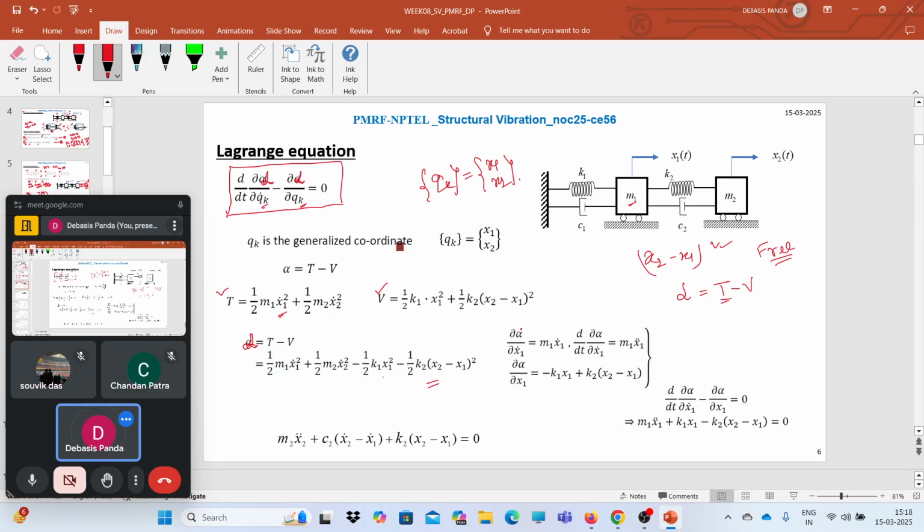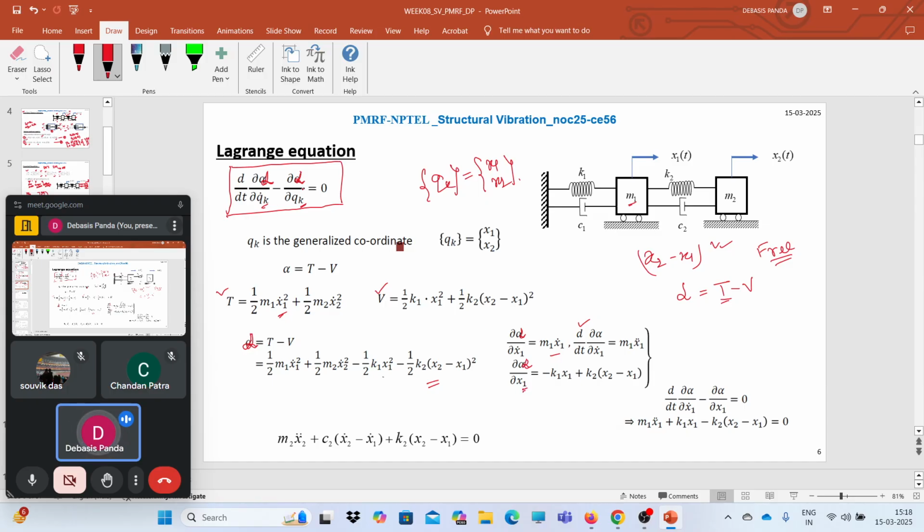So here are the differentiations of L with respect to x1 dot and x1. And if we differentiate again with respect to d dt, we have m1 x1 double dot.